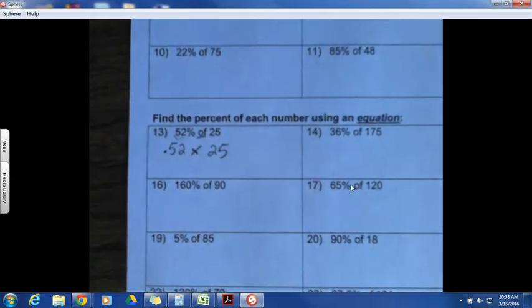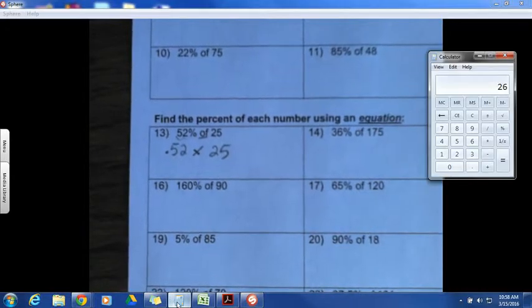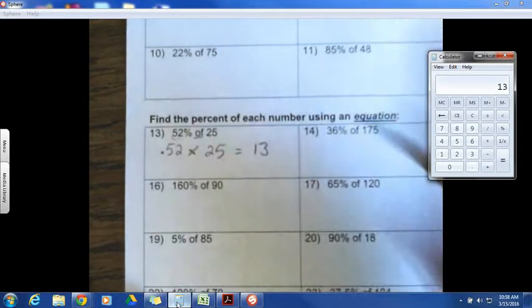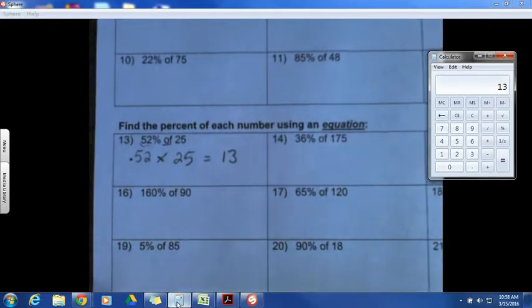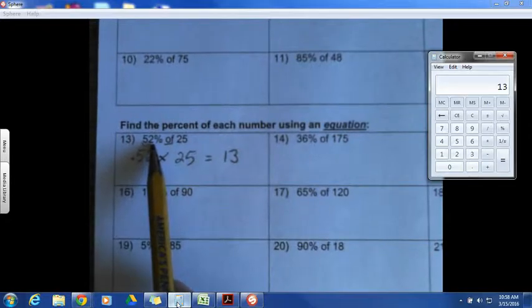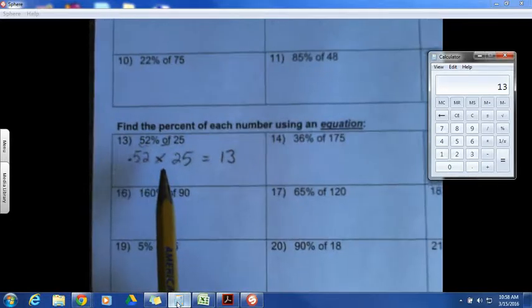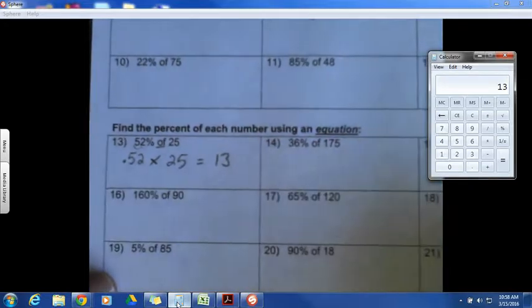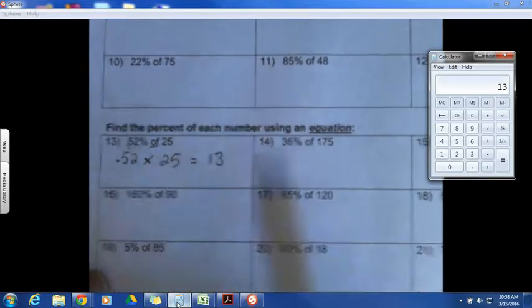And feel free to use your calculator. 0.52 times 25, that equals 13. So that way it's pretty quick. The equation method is pretty quick. Again, you just have to know how to turn the percent to a decimal and then multiply by the number they give you. So 52% of 25 is 13.